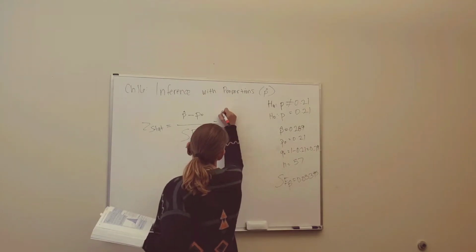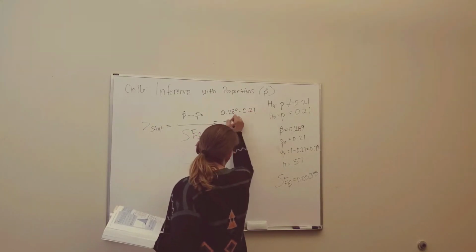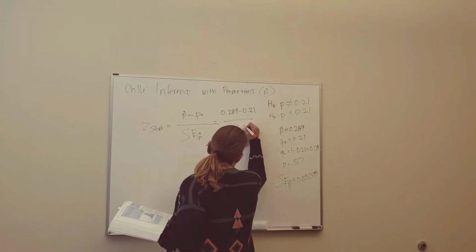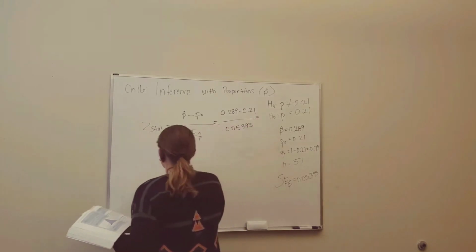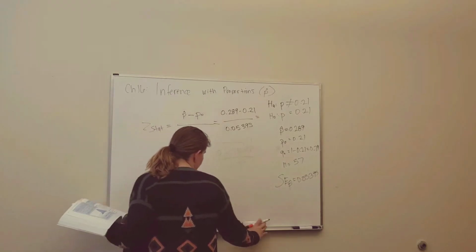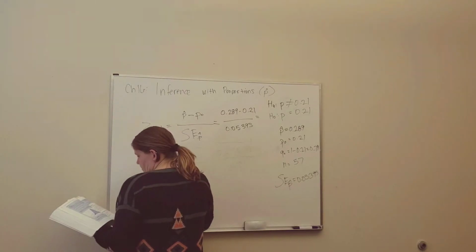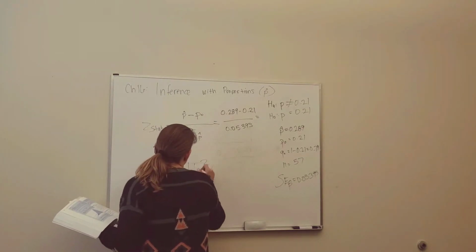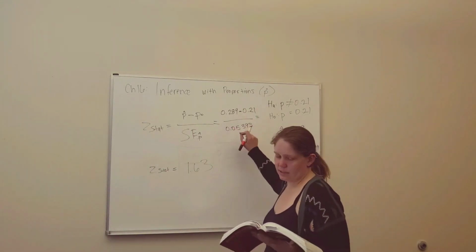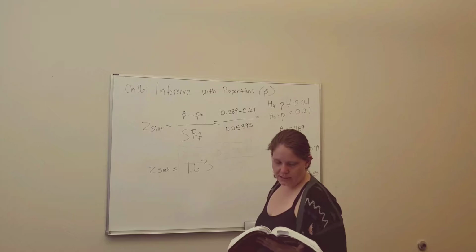Our observed proportion minus the hypothesized proportion, divided by the standard error, equals the z-stat. Always make sure you solve the numerator and denominator separately. So I would subtract those first and then divide, and you get a z-statistic of 1.63.